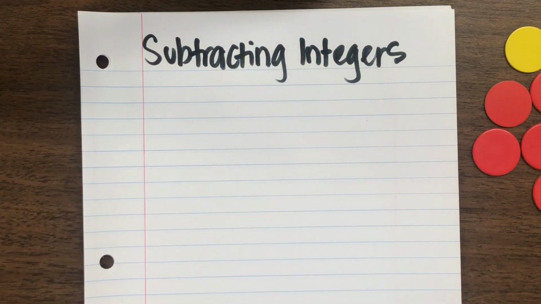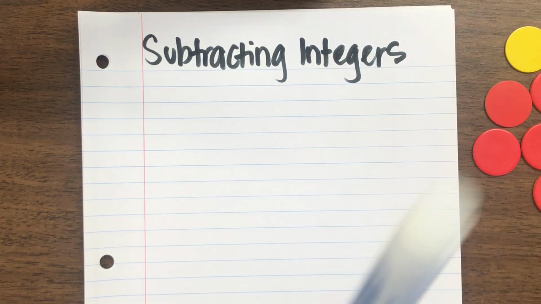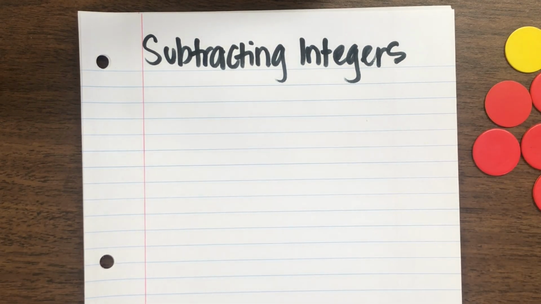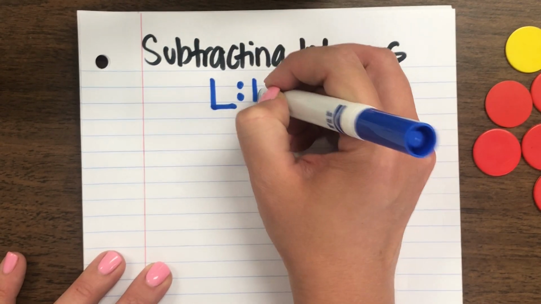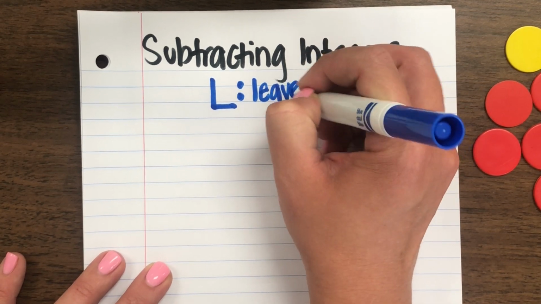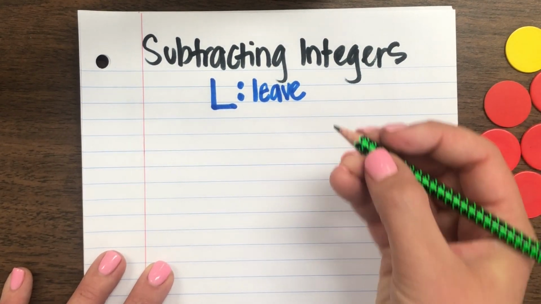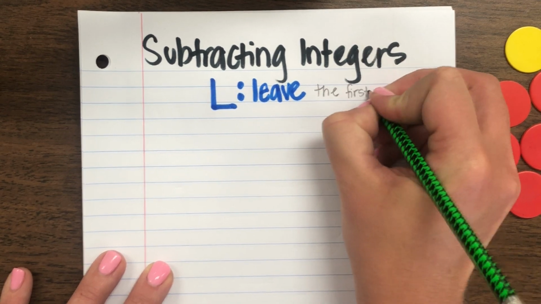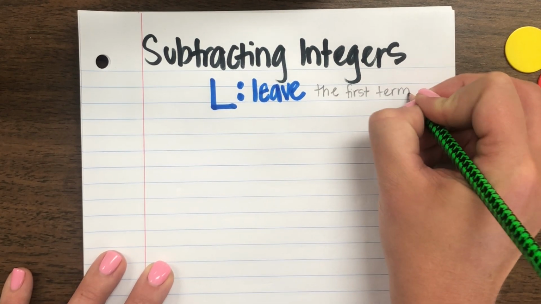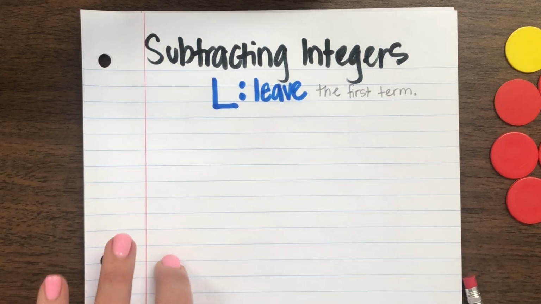So let's talk about LCO for just a second, okay? LCO stands for what you already heard, leave, change, opposite. So the L stands for leave. We're going to leave the first term alone. Leave the first term. That means don't do anything with it.